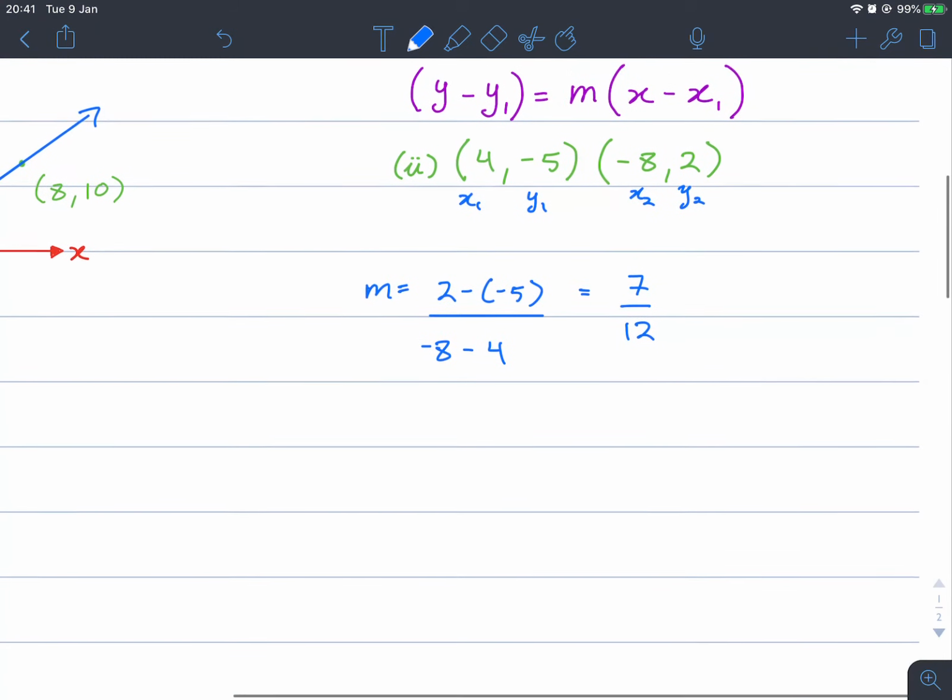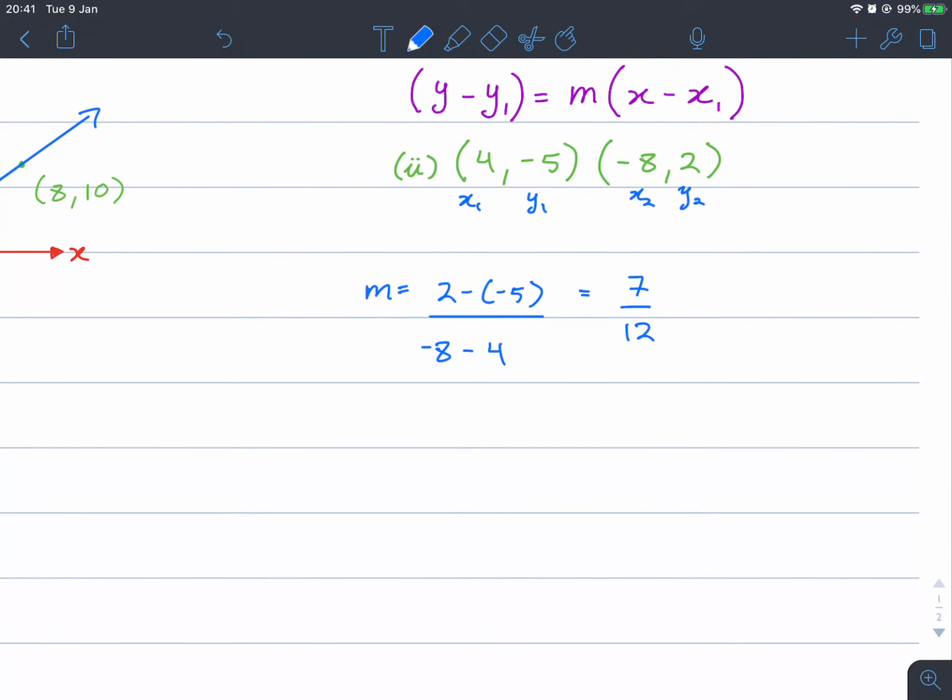That is our gradient. And now for our point, we can pick either one of these. So I'll pick the one on the left since I've already labeled it x1, y1. So for this we need y minus y1. Well, y1 is negative 5, equals the gradient m, which is 7 over 12, x minus x1, which is 4.